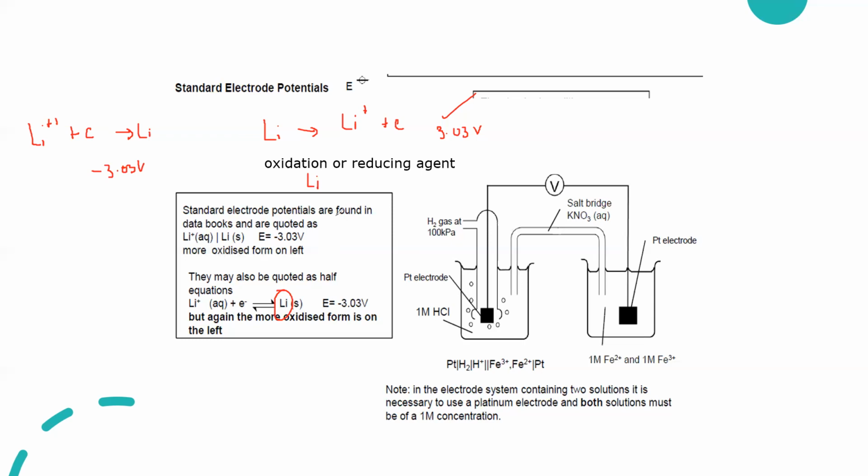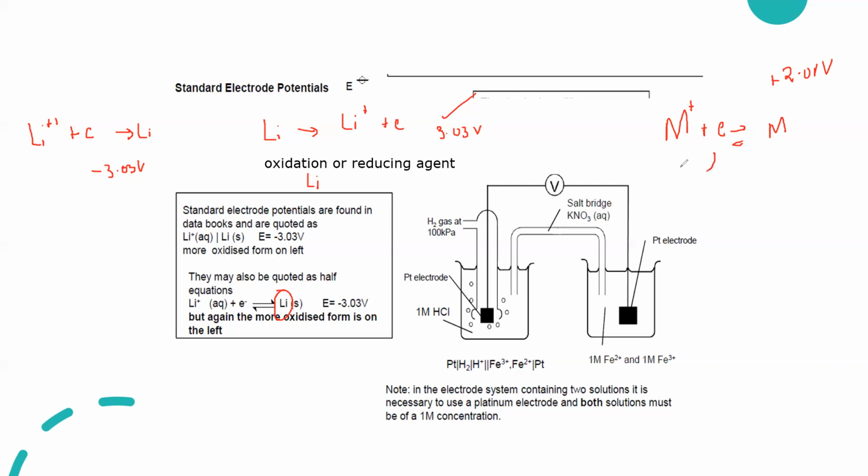And if we have a positive electrode potential, say any element M gains electrons and converts into atom, and the electrode potential was given as, say, 2.01 volts. If it's positive, it means this is feasible.